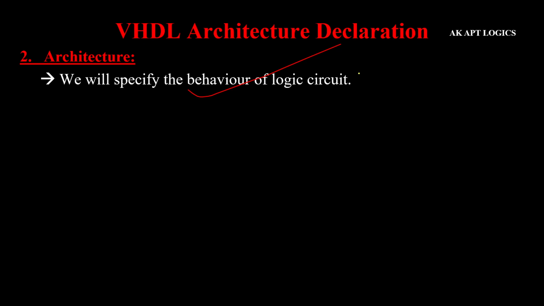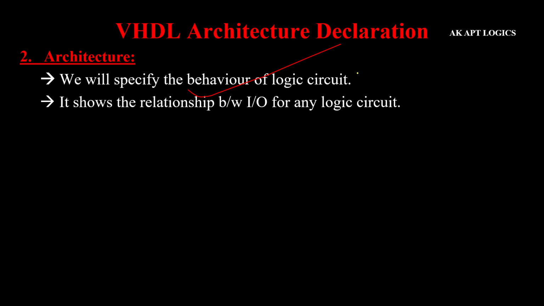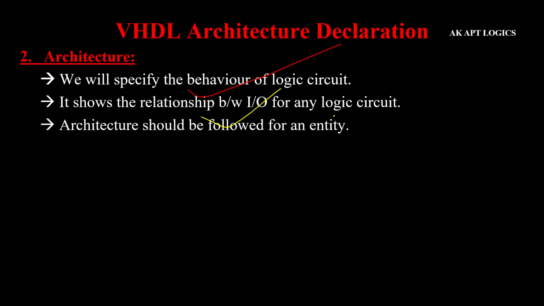So the name architecture came from it. Architecture means simply the connections between the components, for simple understanding. It shows the relationship between input and output for any logic circuit. Architecture should be followed for an entity.